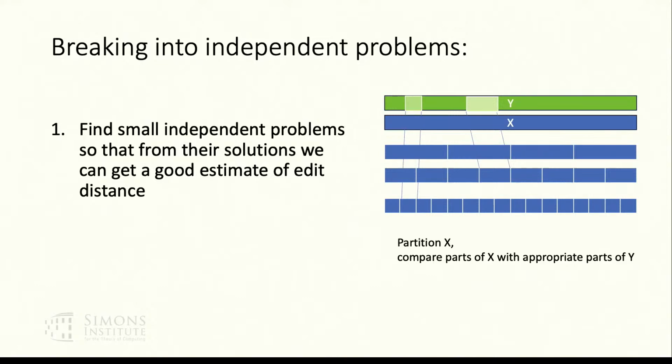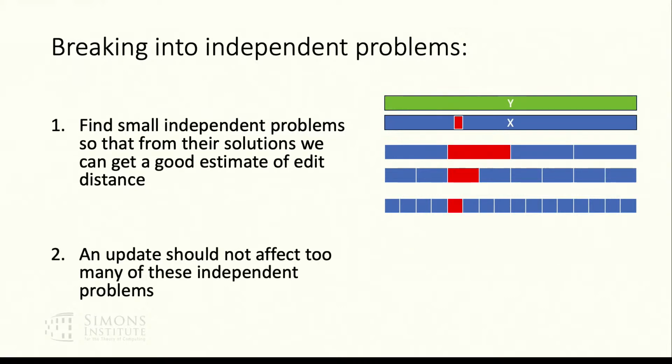So this becomes a tree. Then I take each of these small parts and compare it with some suitable subpart of y. That could be one way of breaking into independent subproblems.